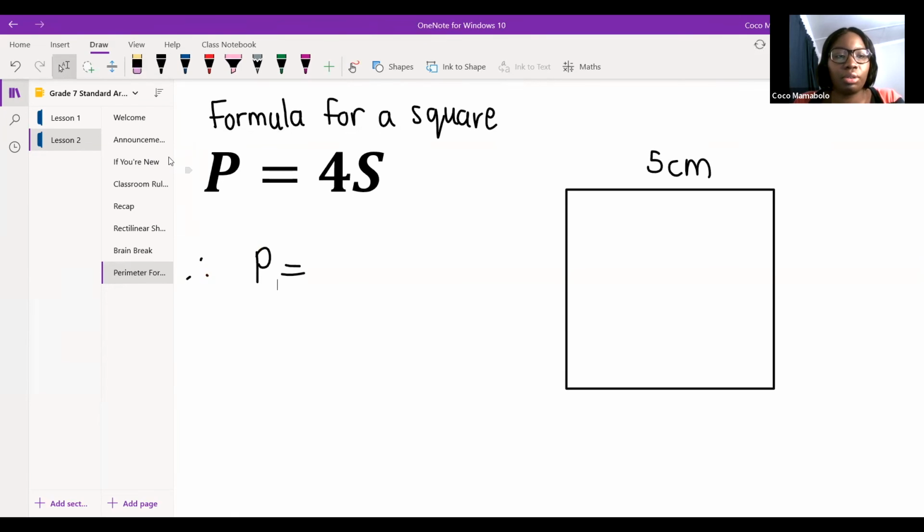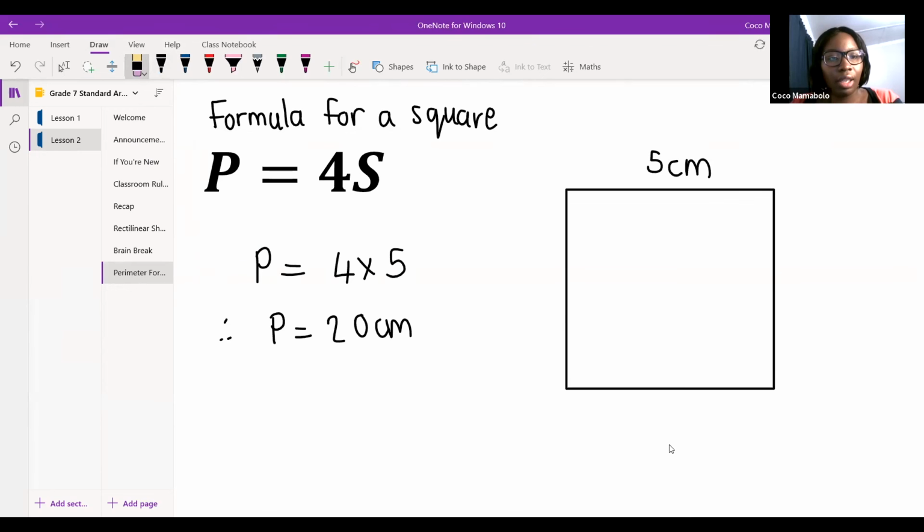P is equal to 20 centimeters because I'm just going to go 4 multiplied by 5. Therefore, P is equal to 20 centimeters.